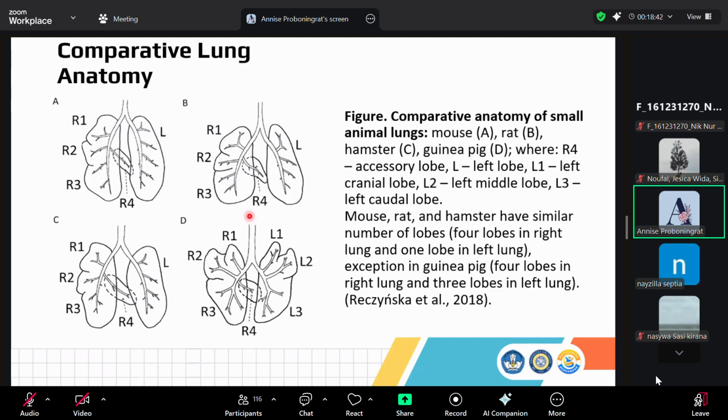Mouse, rat, and hamster have a similar number of lobes, 4 lobes in the right lung and only 1 lobe in the left lung. There is an exception in guinea pig, with 4 lobes in the right lung and 3 lobes in the left lung.